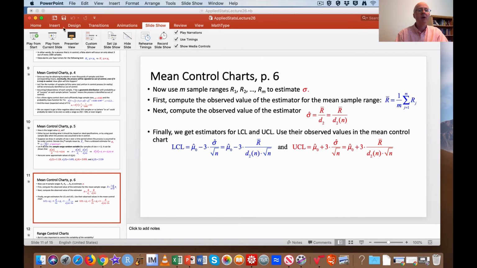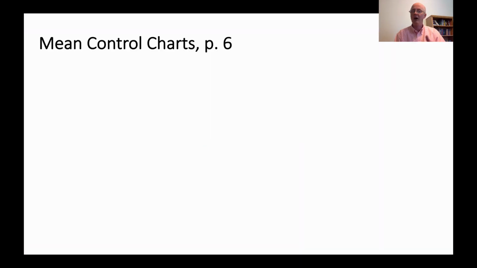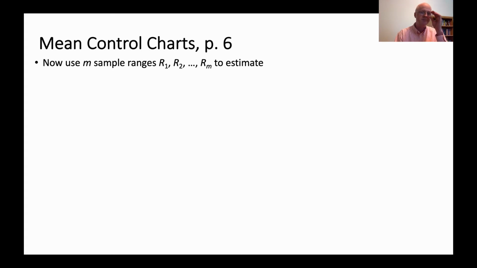Now let's go back to the PowerPoint and talk about the formulas for the LCL and the UCL. We're going to use the sample ranges to help us estimate the standard deviations and then do the 3 sigma approach, multiply by 3. Not the standard deviation of the population, but the standard deviation of x bar. We're going to divide by square root of n as well.